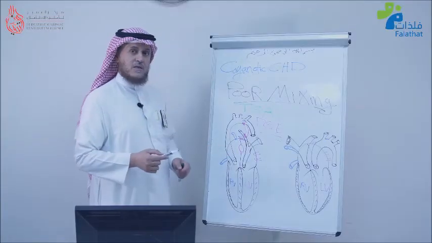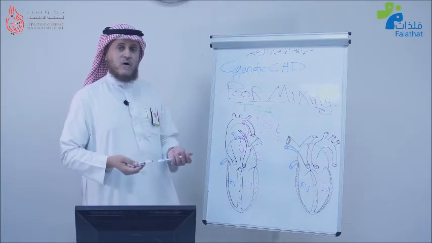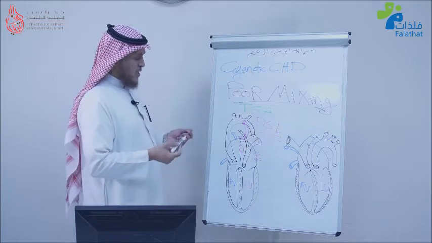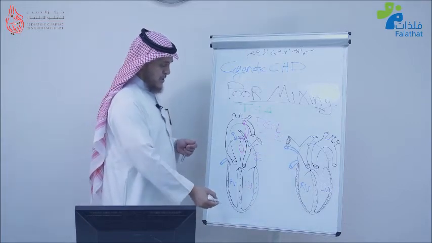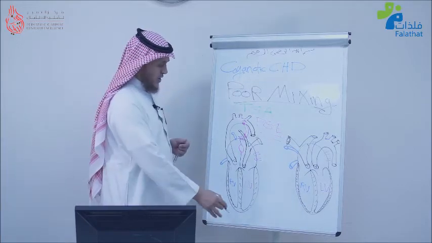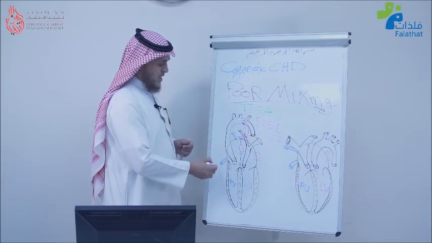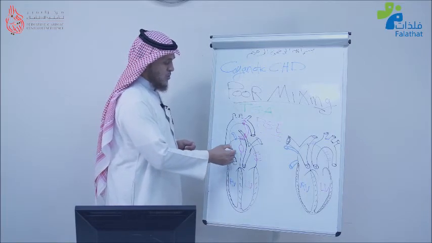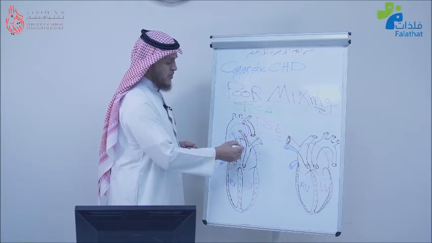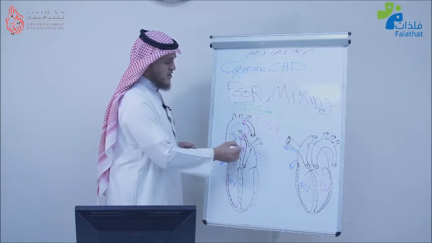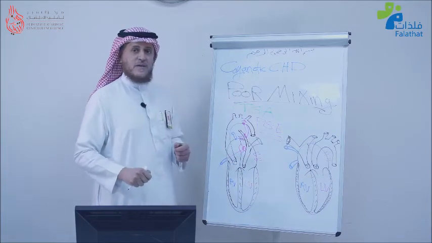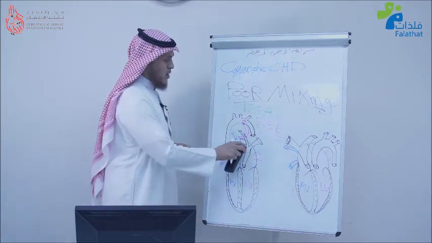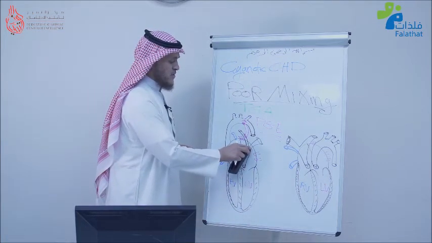And this can be done in the first few hours, first few days of life, interventionally by cardiac catheterization going from the venous side with a catheter and a big balloon, and this balloon is pulled against the septum, making what we call a balloon atrial septostomy.